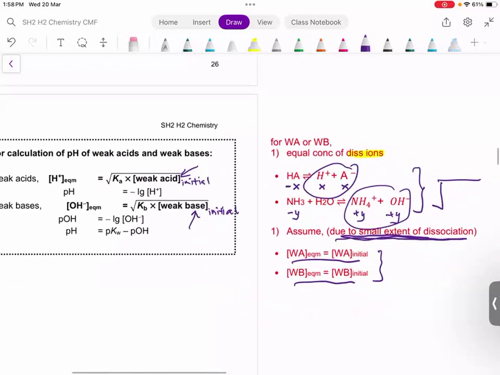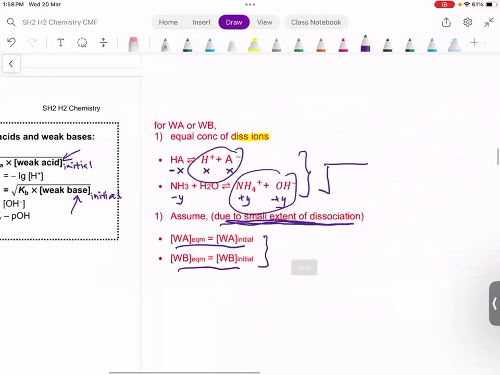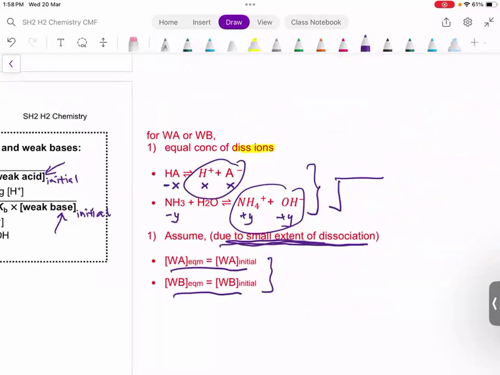With that in mind, you can try the checkpoint. Once you are done with this part, you can try Checkpoint 6. Because we know that X is very small, we equate it to the initial.